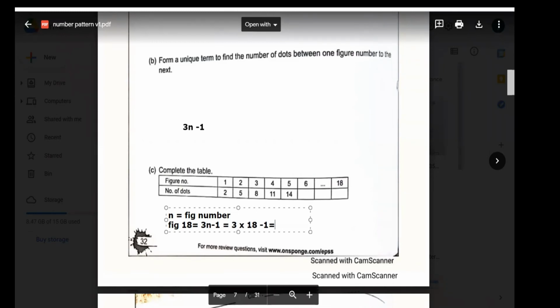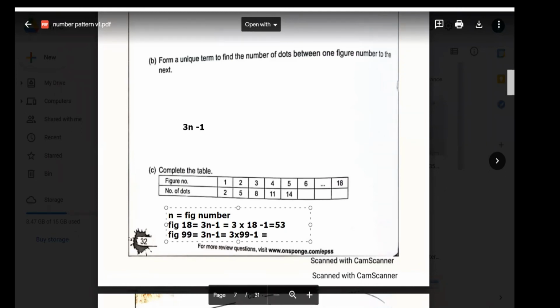Then what do I get for this? If we use the same method and the question asks something like figure 99, how many dots are there? We already have an n term, so 3n minus 1. Normally that's what they ask for in the last part, where some students like to list, but when it's a bigger number like this, it's impossible to list.